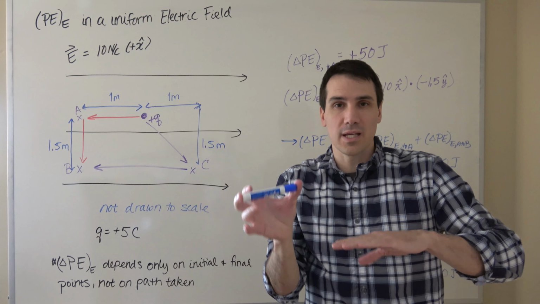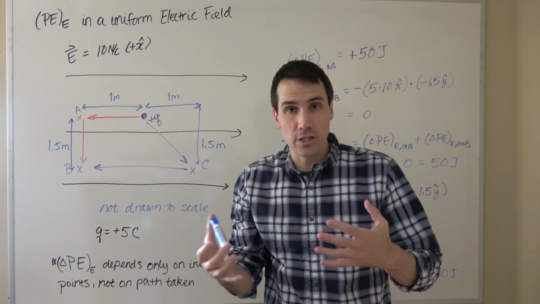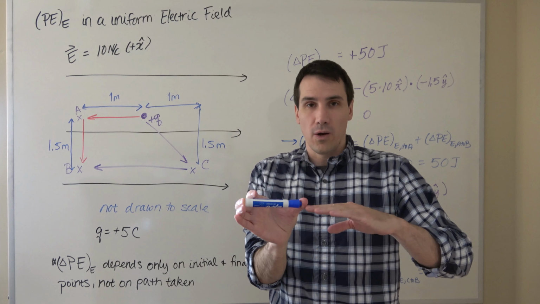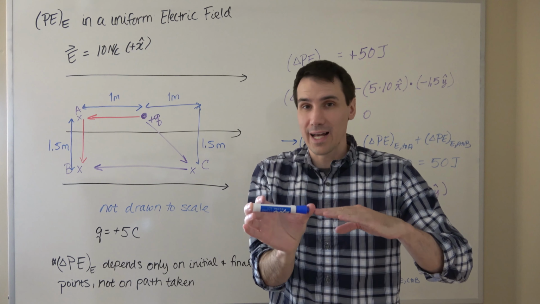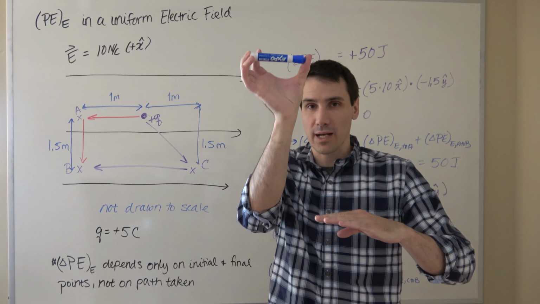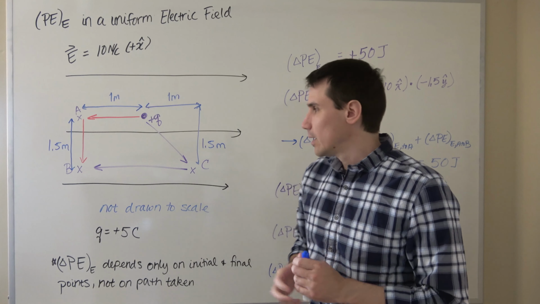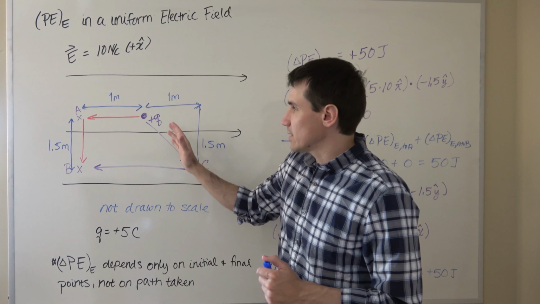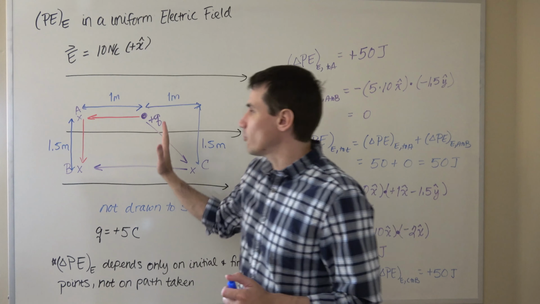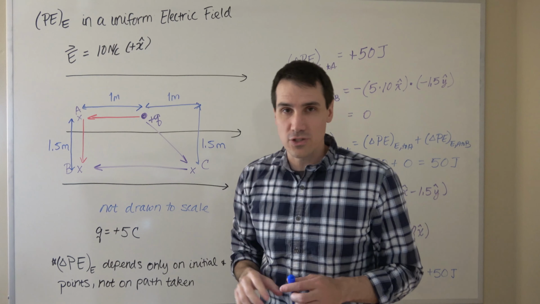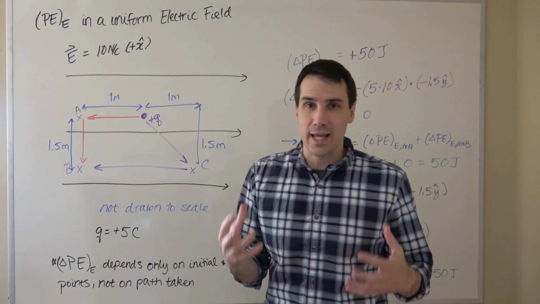Any of these options, it only matters for the total change in potential energy: where did I start and where did I end? Specifically, what height did I start at and what height did I end at? And so in this case, the change in potential energy is going to depend only on how far left or right of my starting position I end up.